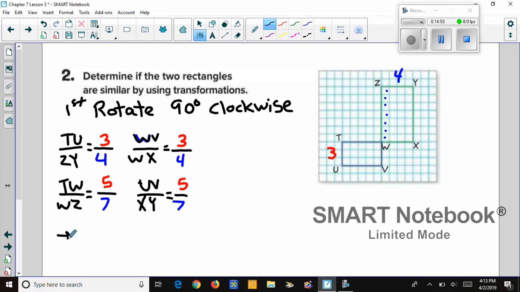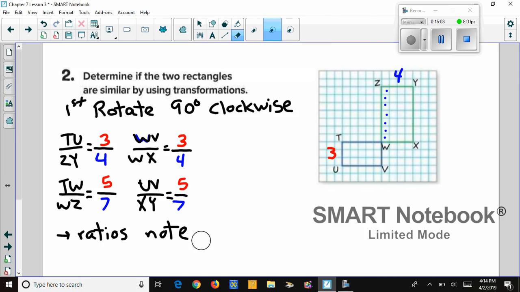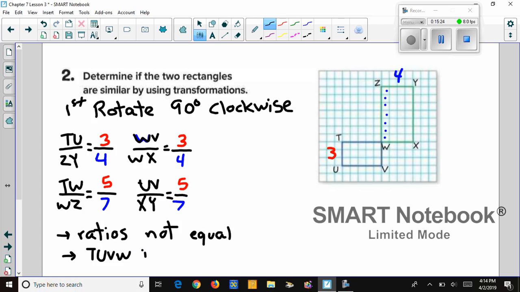So ratios not equal. Therefore, rectangle TUVW is not similar to WXYZ.